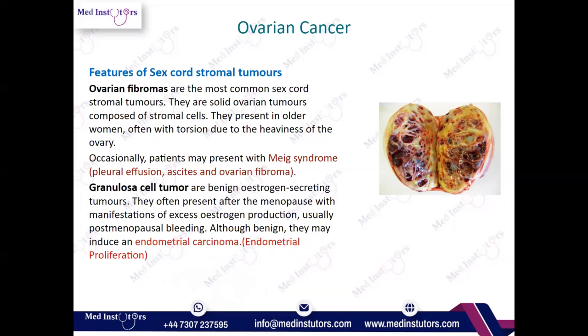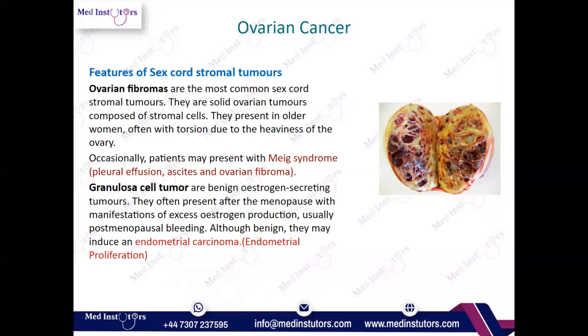Or if I put this in other words, what is the effect of granulosa cell tumor on the endometrium? Please tell me. Yeah, sure. Granulosa cell tumor is characterized by secretion of estrogen.